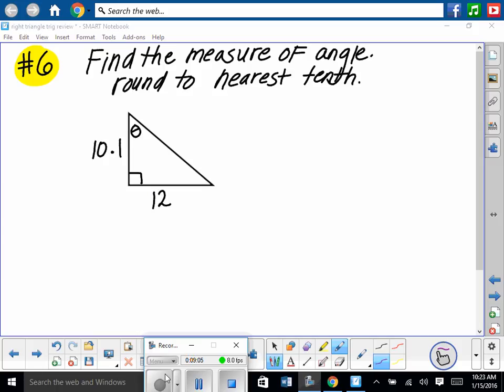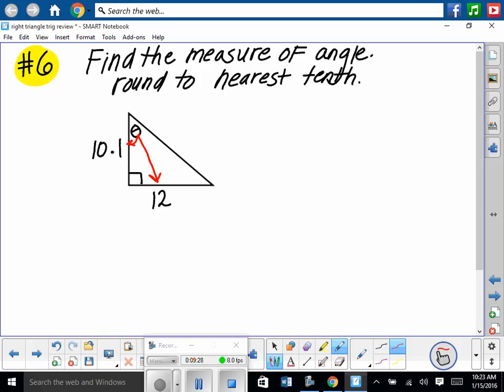It says find the measure of the angle indicated. Well guys, theta is the angle being indicated to find. Do you all understand that? Because that's just like a variable. So we've got to set up a trig ratio to help us out here. From theta, in this triangle we have the opposite side and the adjacent side, right?